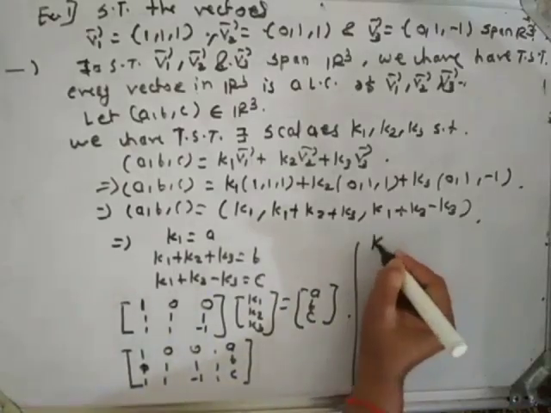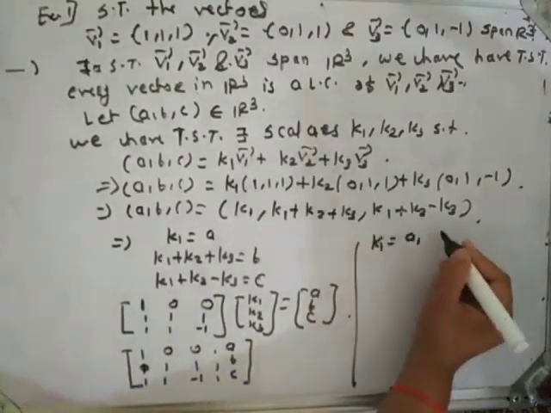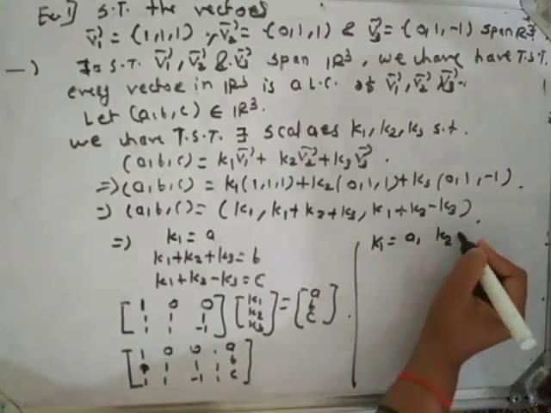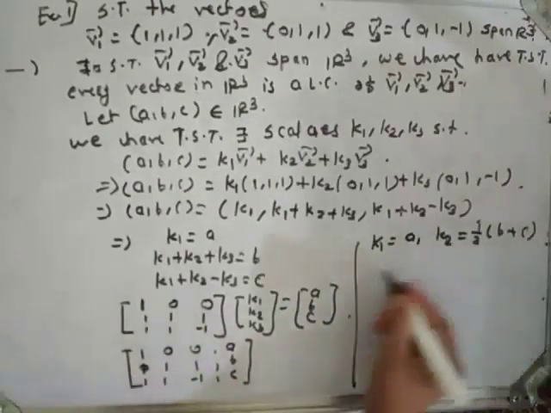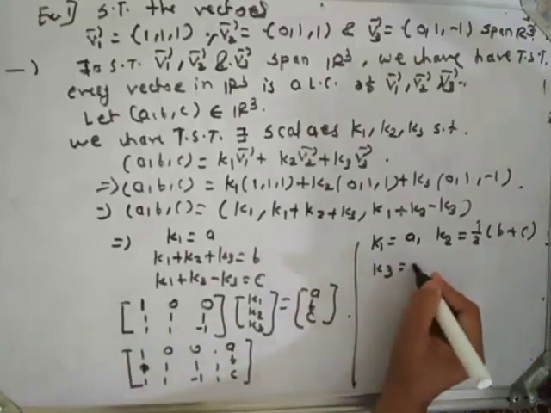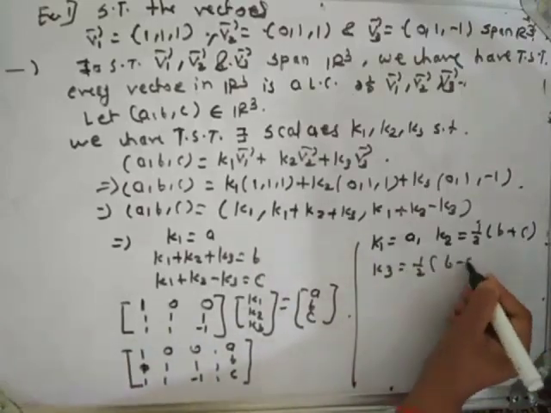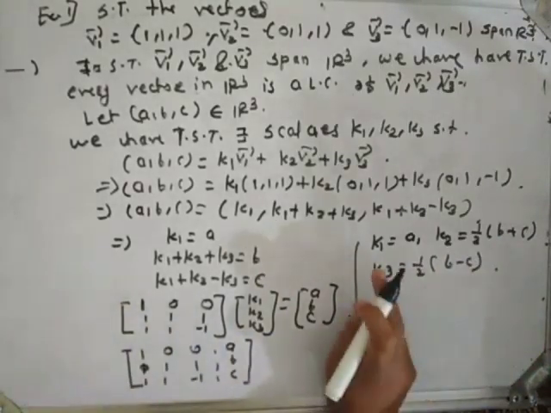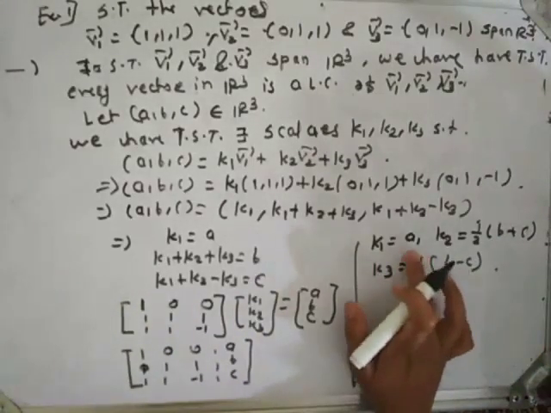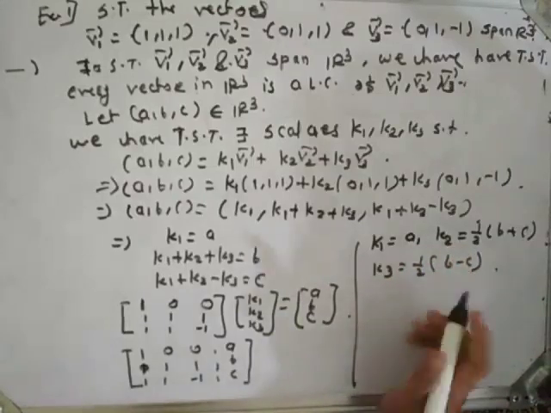Here we will get K1 equals A, K2 equals 1 by 2 times (B plus C), and K3 equals 1 by 2 times (B minus C). Okay. Means what? Here we have obtained values of K1, K2, K3.